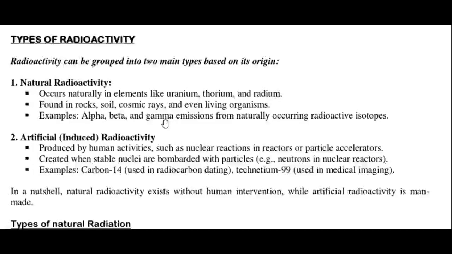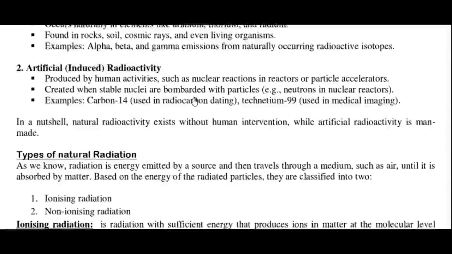It occurs naturally in elements like uranium, thorium, and radium, and they are found in rocks, soil, cosmic rays, and even living organisms. Examples of natural radioactivity are alpha, beta, and gamma emissions from naturally occurring radioactive isotopes.